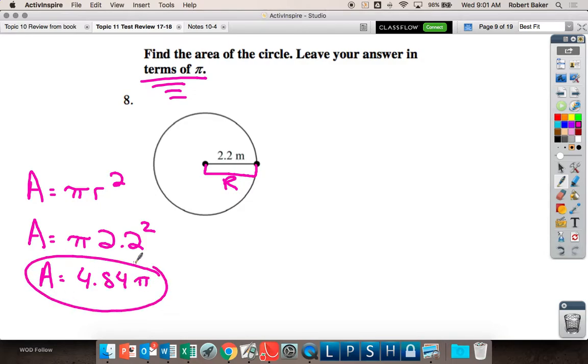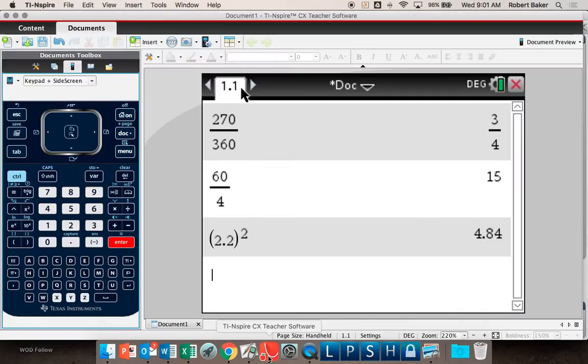So the area of a circle is equal to pi r squared. So the area of this circle is equal to pi times 2.2 squared. So all you do is square 2.2, and you get 4.84 with the pi next to it. And that'll be a multiple choice answer. Please don't multiply it out.